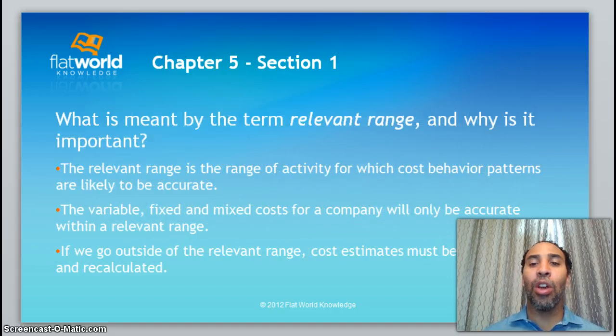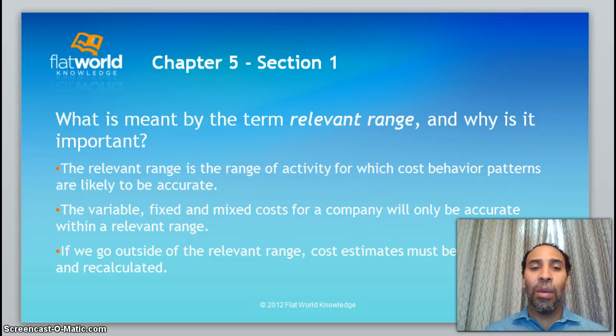What is meant by the term relevant range, relevant within a certain specific range, and why is it important? The relevant range is the range of activity for which cost behavior patterns are likely to be accurate. So within this range, variable costs should be this and fixed costs should be this. Now it's not a super exact, 100 percent science.